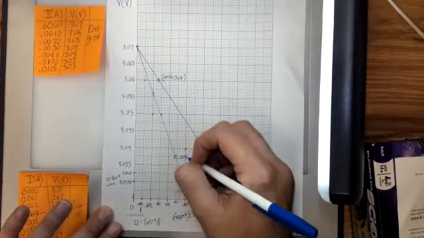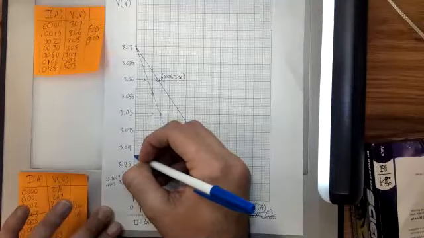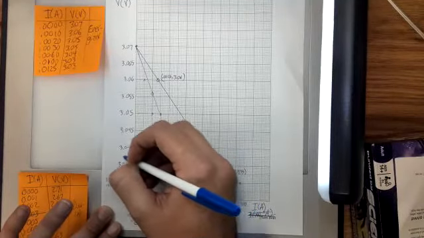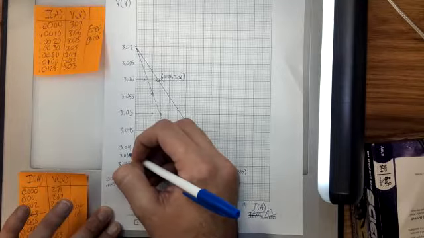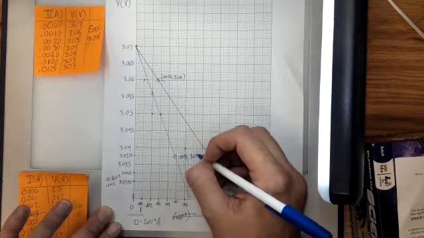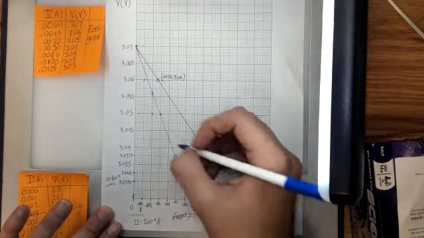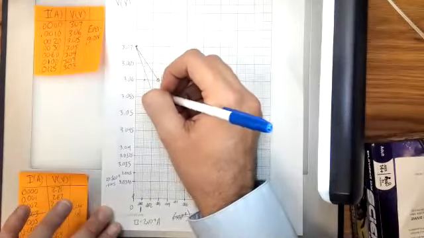Zero, 0.0048. And this one right here would be 3.0375. This one is 0.002.